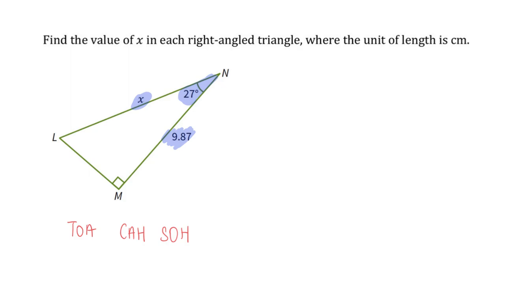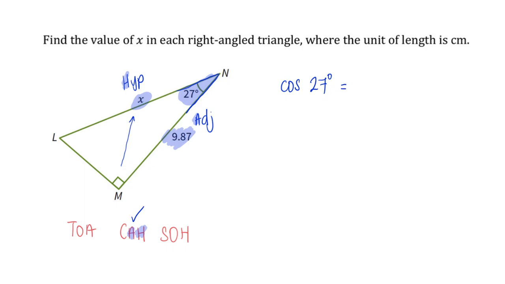For x, x is directly opposite the right angle, so my x is my hypotenuse. 9.87, this length, makes the angle 27 with the hypo. This is my adjacent side.